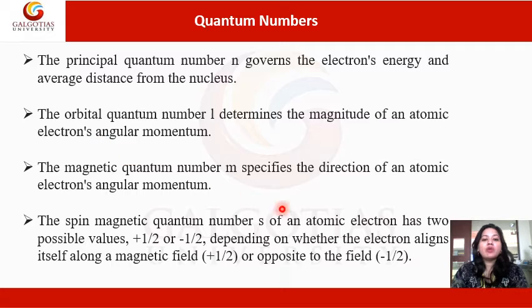The magnetic quantum number m specifies the direction of an atomic electron's angular momentum, and the spin quantum number s of an atomic electron has two possible values, that is plus half or minus half, depending on whether the electron's alignment is along a magnetic field, that is plus half, or opposite to the field, that is minus half.